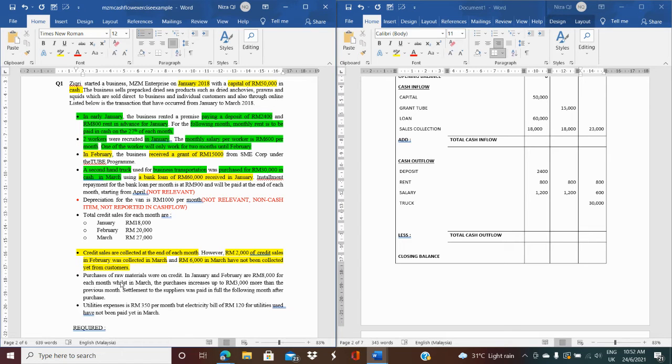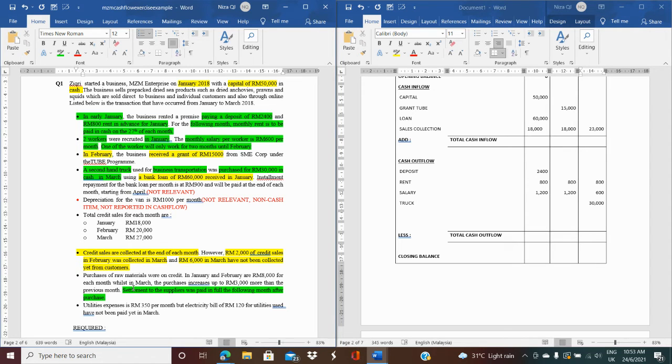Settlement to the suppliers was paid in full the following month after purchase. So this is the condition of payment. You buy this month, you pay next month. So this is an outflow. The purchase is done this month but on credit, and it will be settled next month.